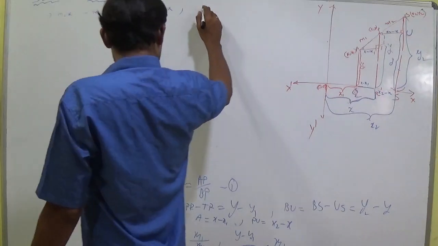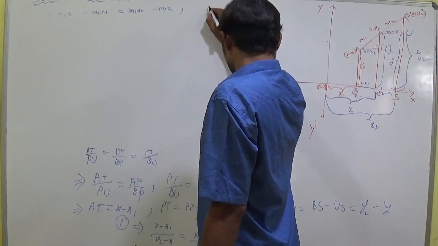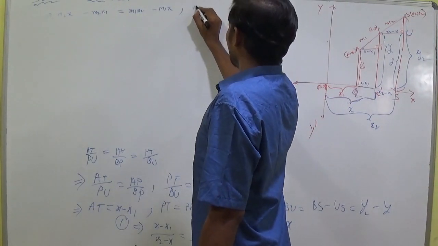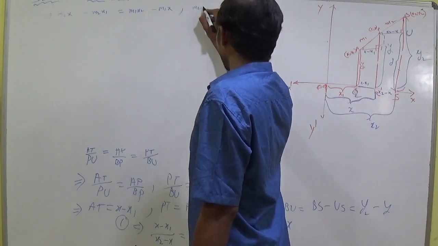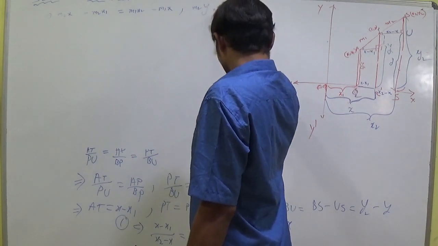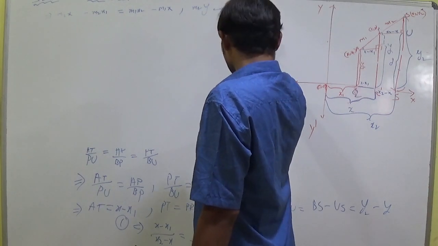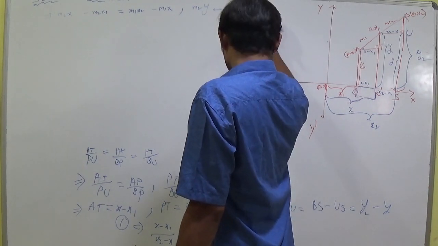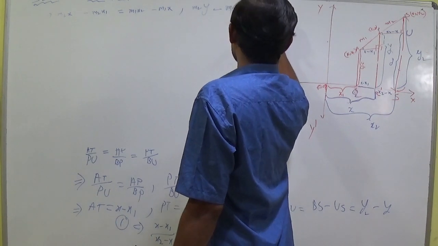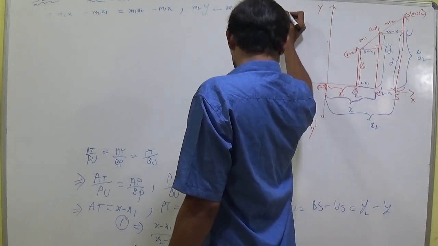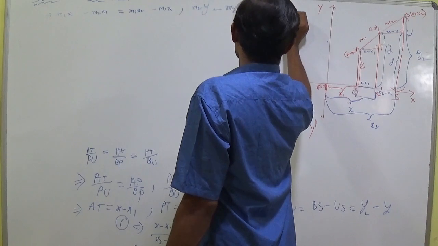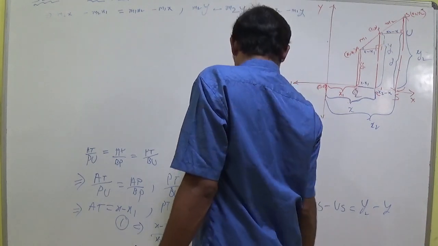In second condition, m2y minus m2y1 equal to m1y2 minus m1y.